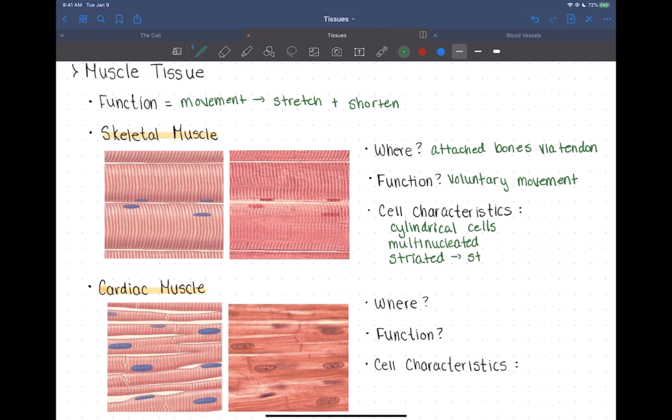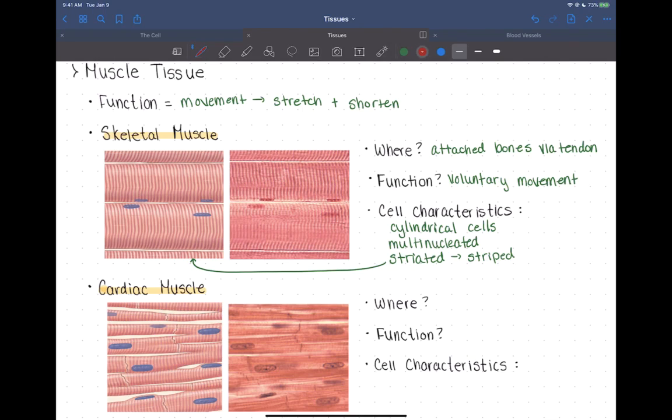That is the striation, so it's striped. Okay, so these are the striations, these little stripes, the dark and white alternating lines. Those are striations. And when we do our muscle chapter, you'll learn about what those striations are and why they're important. Okay, and then also for each muscle, we're going to make a note of the ability for that muscle to regenerate. So how well can it regenerate?